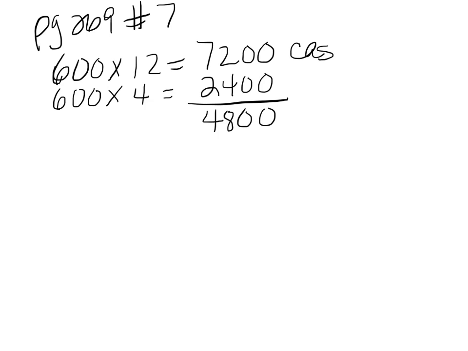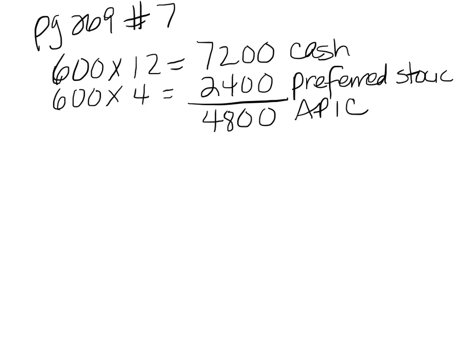So this is our cash. This would be our preferred stock at par value, our preferred stock at par. And this would be the APIC, or the additional paid in capital. So we would debit cash for $7,200.